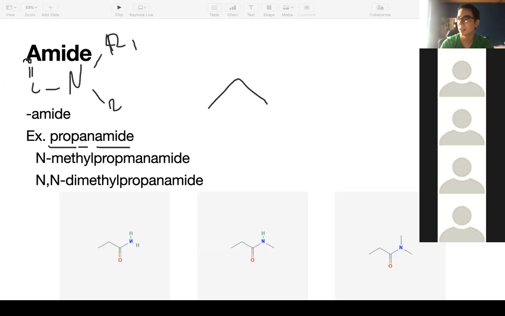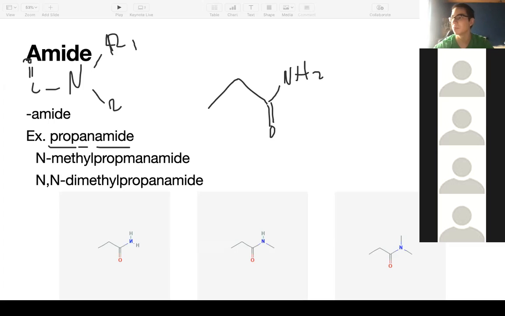But because we are lacking any other information, we can just assume it's our carbonyl group attached to our nitrogen. In this case, it'll be NH2. And that is an amide.